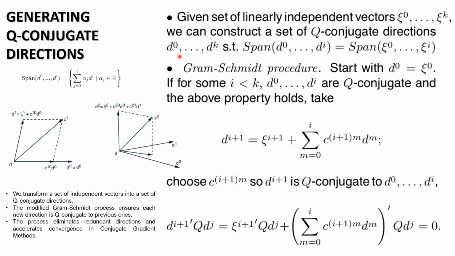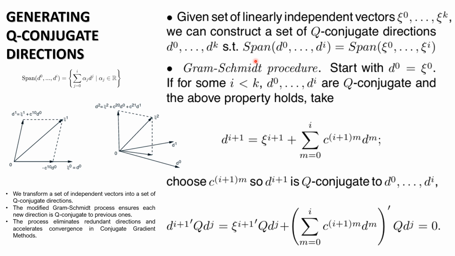It's here like d0 and so on dk, such that this multiplication as di Q dj should be equal 0 for any i and j that are not equal.